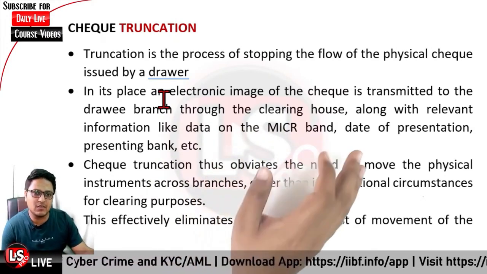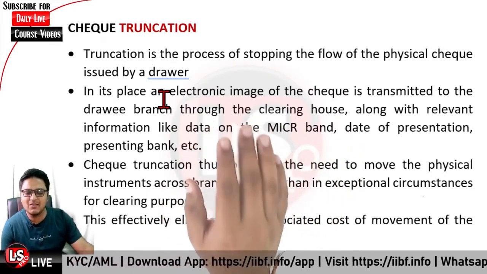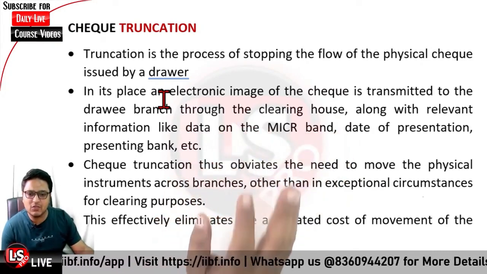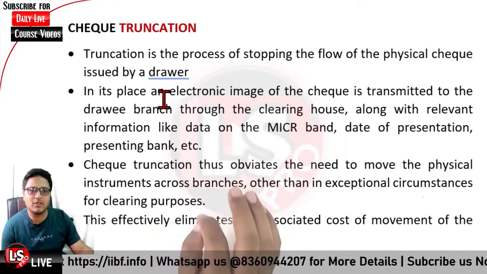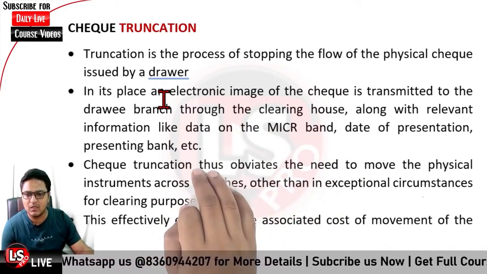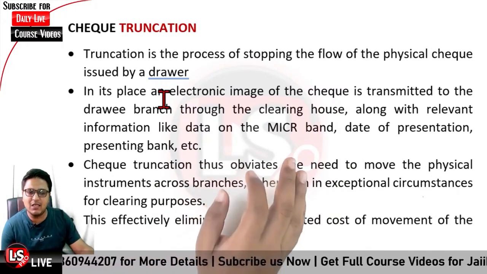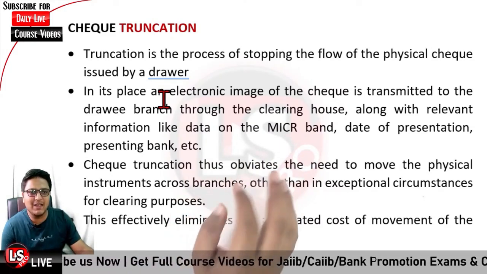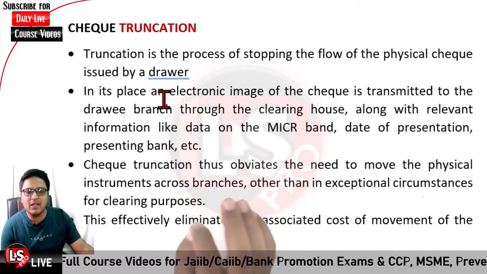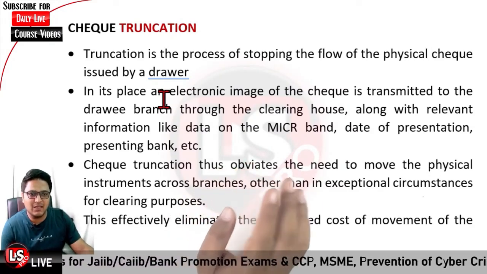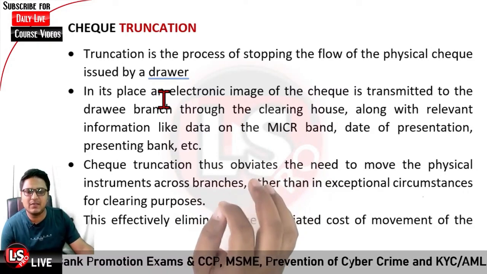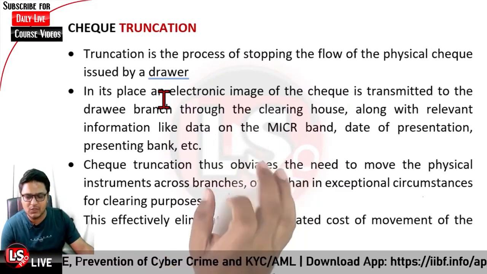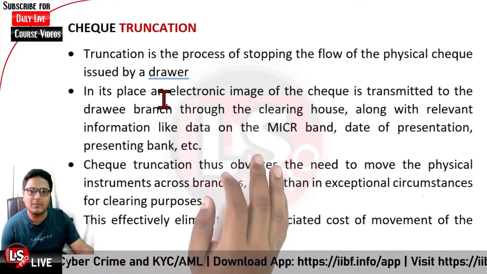So in place of a physical check, an electronic image of the check is transmitted to the drawee branch through the clearing house. All the relevant information, like the data on the check, MICR band, date of presentation, presenting bank, etc., is also mentioned along with it.